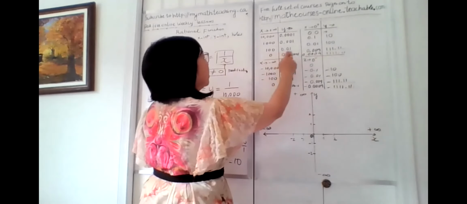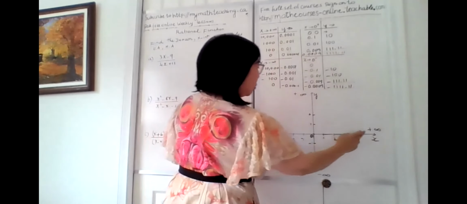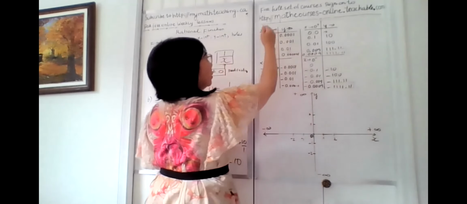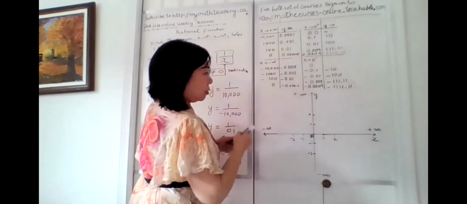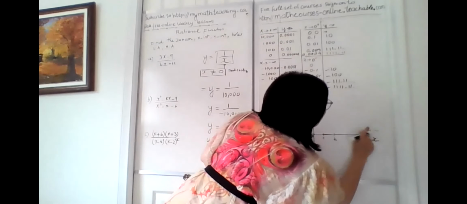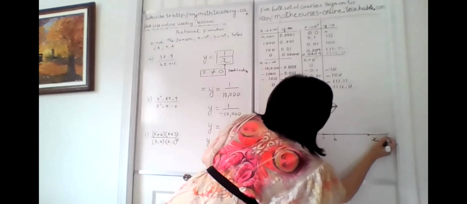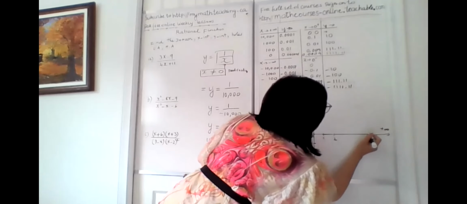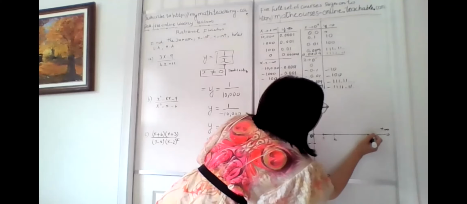And let's say if x approaches 10,000, what happened to our y? Our y will be a very small number, right? Because 1 divided by 10,000 will be 0.0001. So if x is over this side, and this is positive infinity, then the y is 0.0001, very close to 0, but never approaching 0.